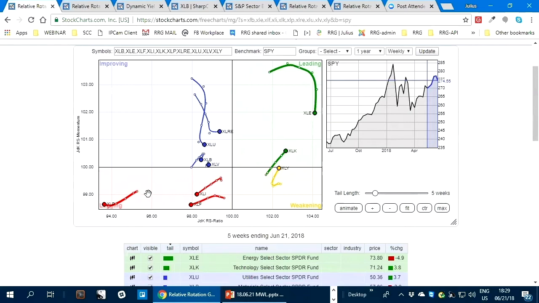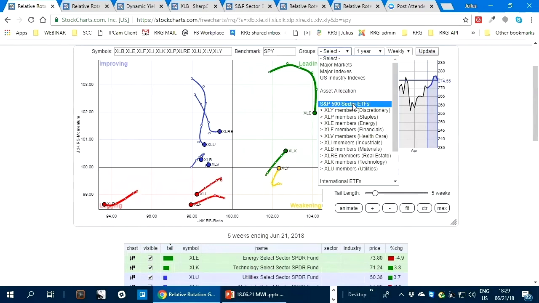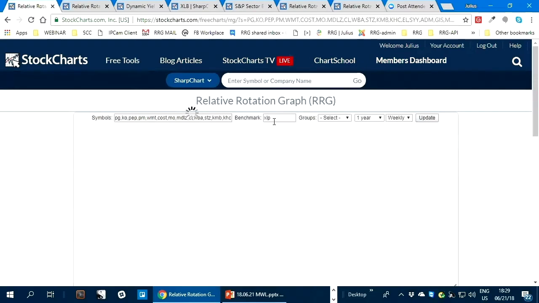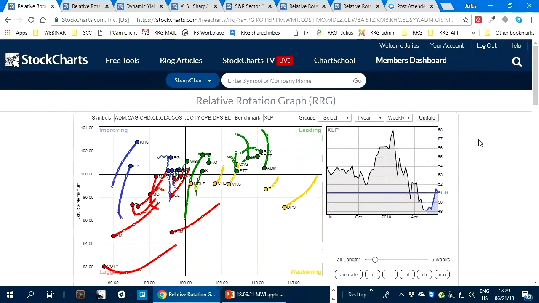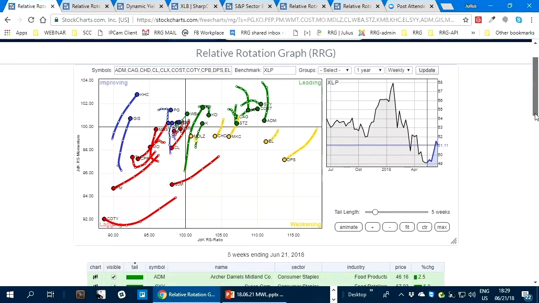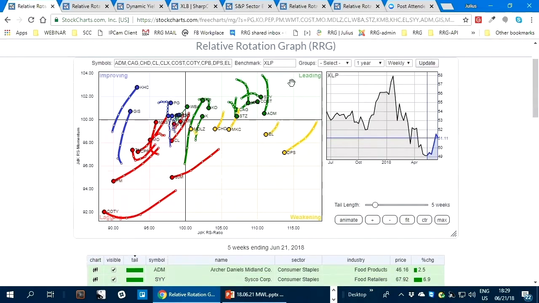He wants to look at the best stocks in that sector. And we played around with RRGs. What we do here is we bring up the staples sector against the staples index, so XLP, and then we look for stuff that's outperforming the benchmark, in this case, the sector benchmark, XLP.